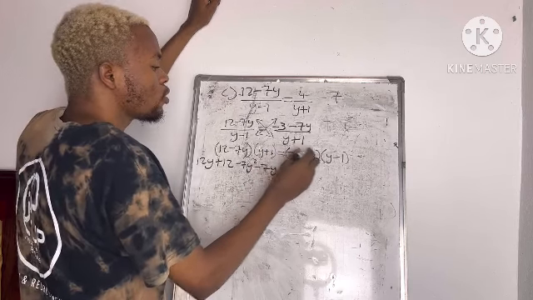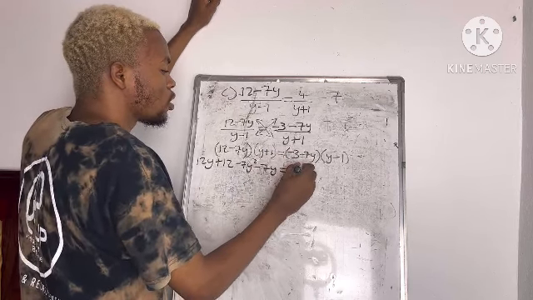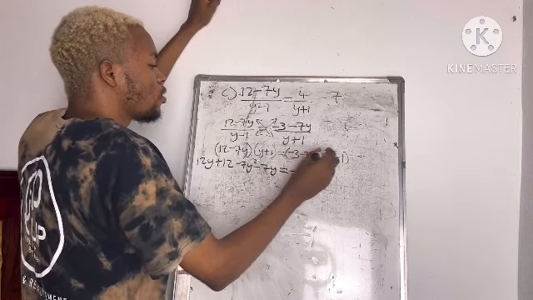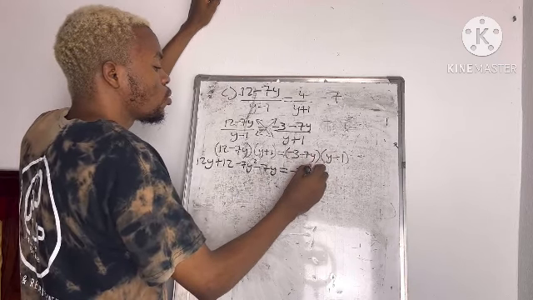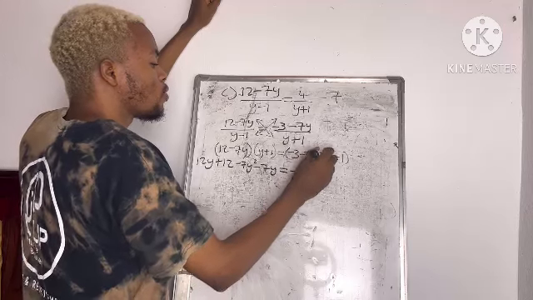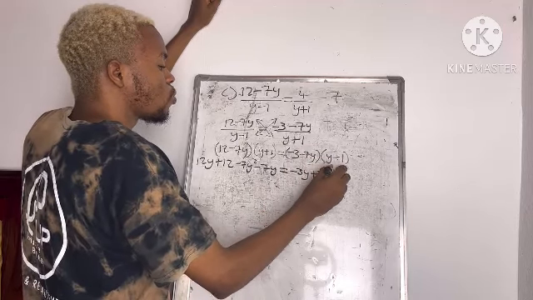Equal to minus 3 times y, you have minus 3y. Minus 3 times minus 1, you have plus 3. Minus 7y times y, you have minus 7y squared.